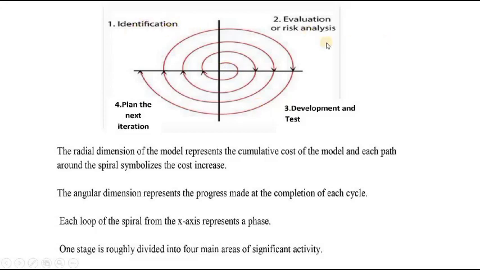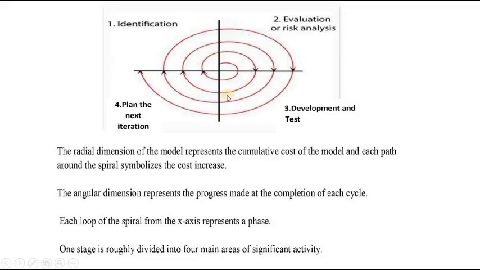There are 4 stages in the spiral model. One is identification, second is evaluation or risk analysis, third is development and test, fourth is planning the next iteration. The radial dimension of the model represents the cumulative cost, and each path around the spiral symbolizes cost increases.